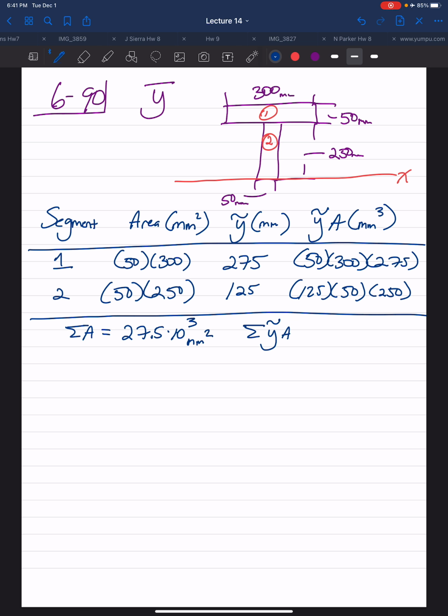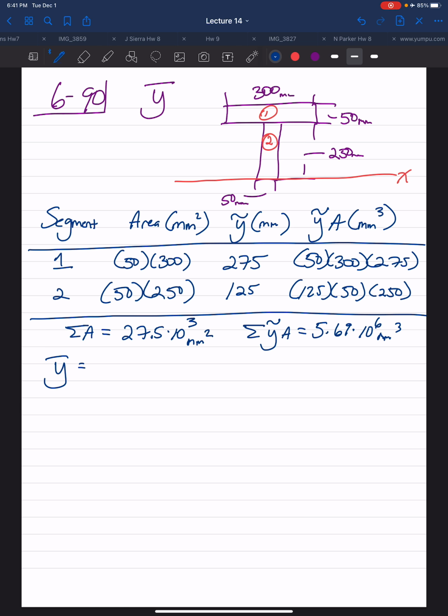Our sum of our y wavy A, this comes out to be 5.69 times 10 to the 6 millimeters cubed.